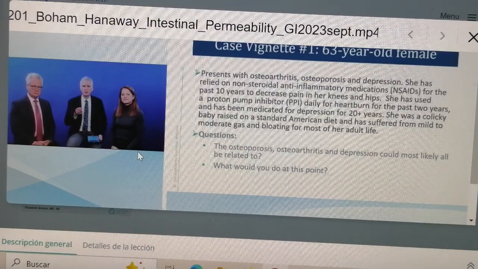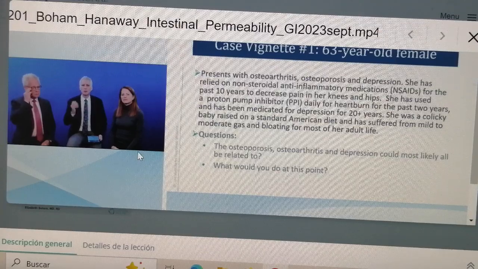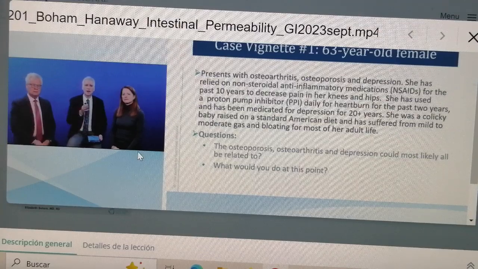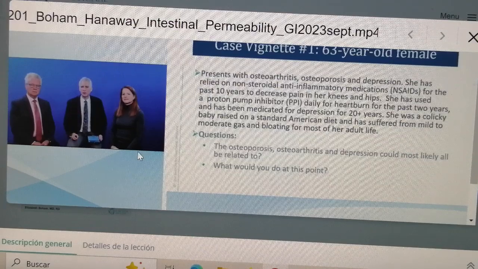She's used a PPI daily for heartburn for the past couple of years, and has been on some medication for depression for 20 plus years. Past medical history: she was colicky, raised on a standard American diet, a SAD diet, and has suffered from mild to moderate gas and bloating for most of her adult life.